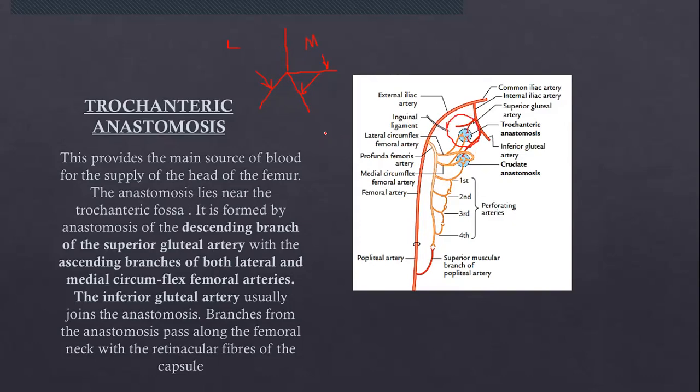So then from the trochanteric anastomosis, we will have branches which usually pass along the femoral neck with the retinacular fibers of the capsule to supply the head. Those branches are known as the retinacular arteries. Most of the posterior retinacular arteries are given off by the ascending branch of the medial circumflex femoral artery.